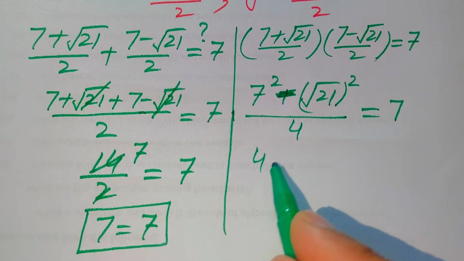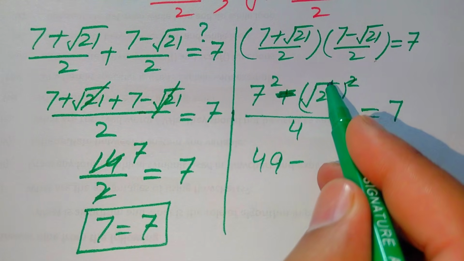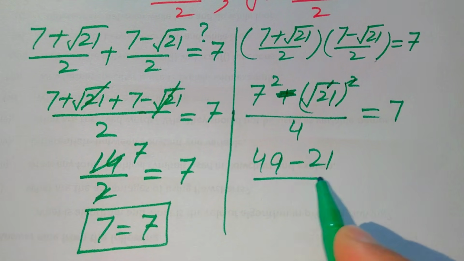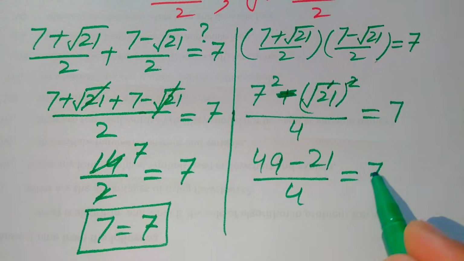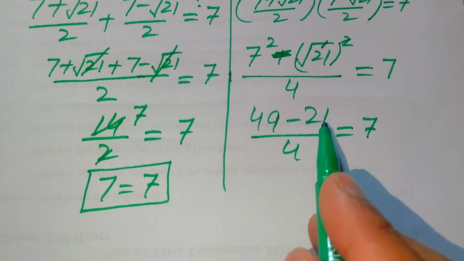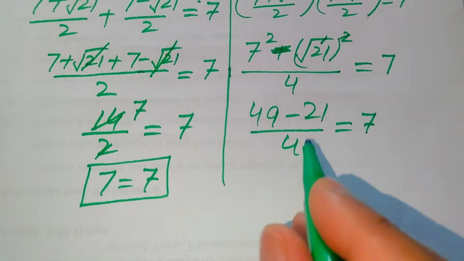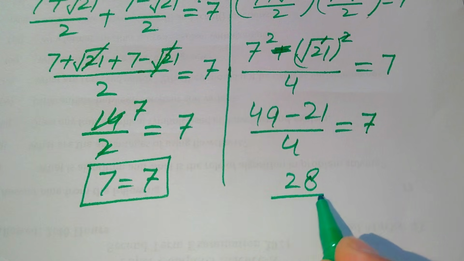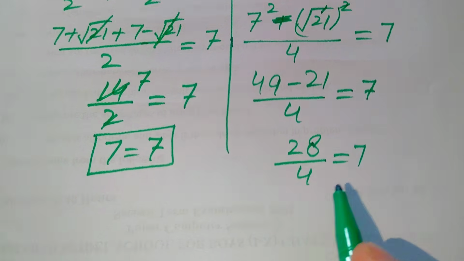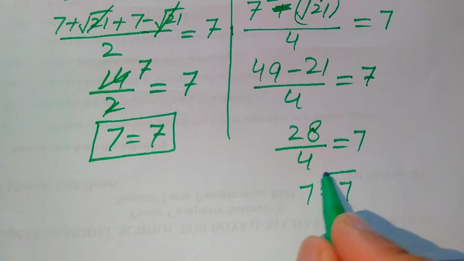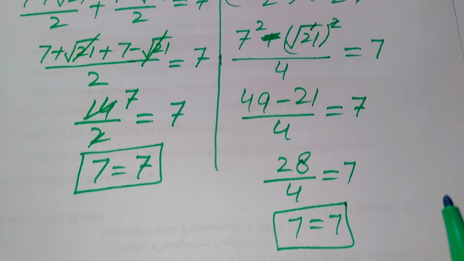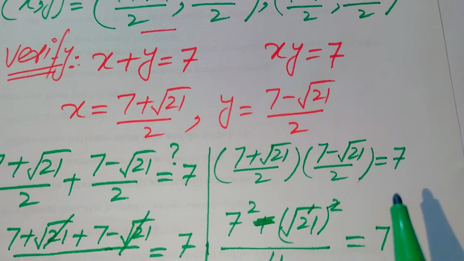This 7 squared becomes 49 minus the square and square root are gone, so we get 21, divided by 4 equals 7. 49 minus 21 becomes 28, and 28 divided by 4 equals 7, and we get 7 equals 7. This shows that the first ordered pair satisfies our given equation.